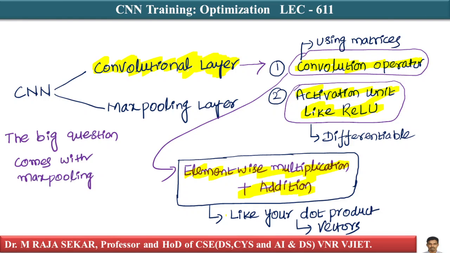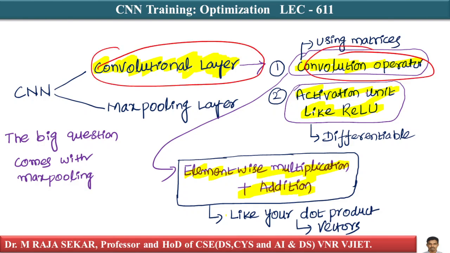We have two layers. One is convolution, and we already discussed the convolution operator. In the convolution layer, if you observe carefully, we discussed the convolutional operator and activations like ReLU.